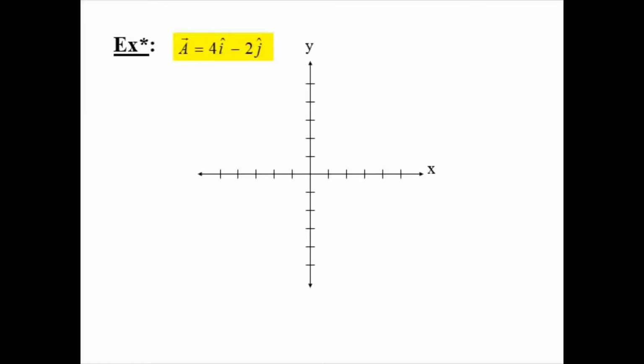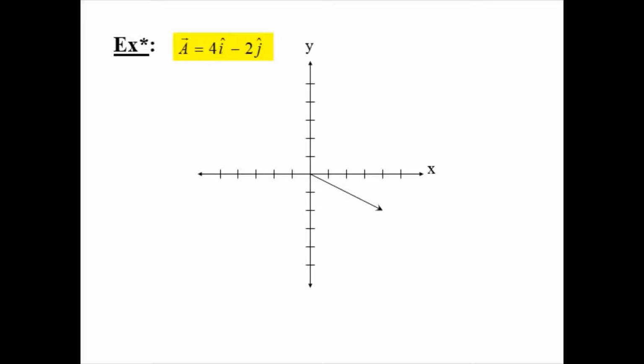Okay, vector A is equal to 4i minus 2j. Draw that vector into a coordinate system like the one that's shown here on the screen, and see if you can get vector A sketched in there properly. So pause the video, sketch your vector A, and then continue to see how you did on that.